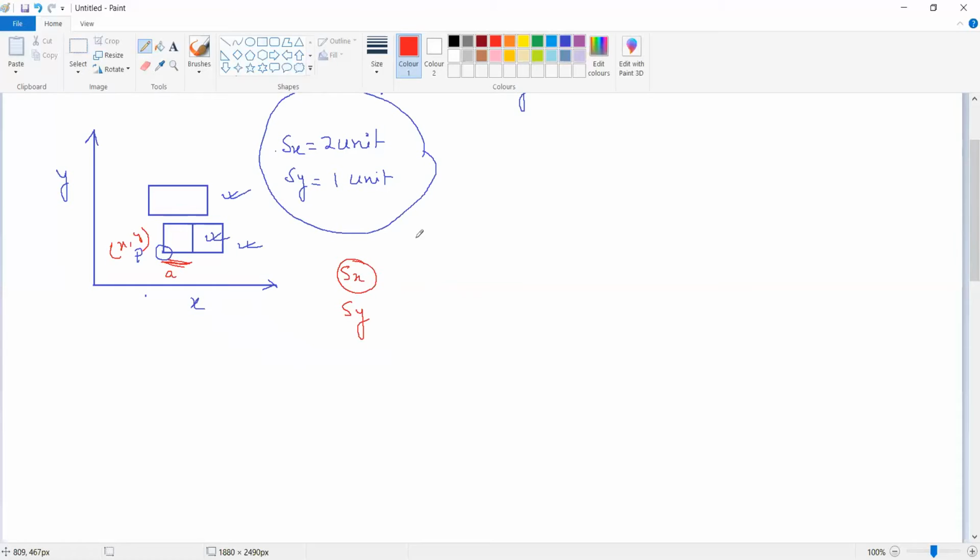So that means if you want to scale the point (x, y) of any object, let us say it is point P, it will shift its position to P dash. After shifting, the value of P dash of x will be x dot Sx, and P dash of y will be y into Sy.